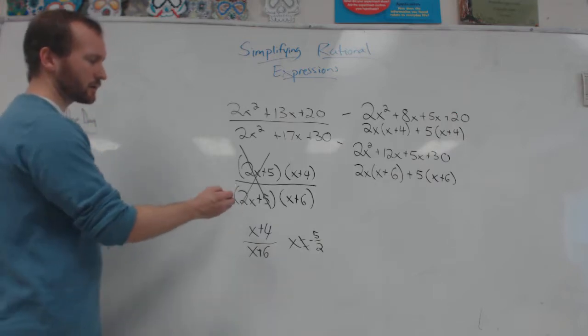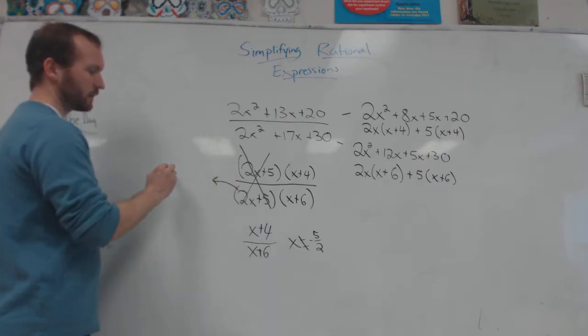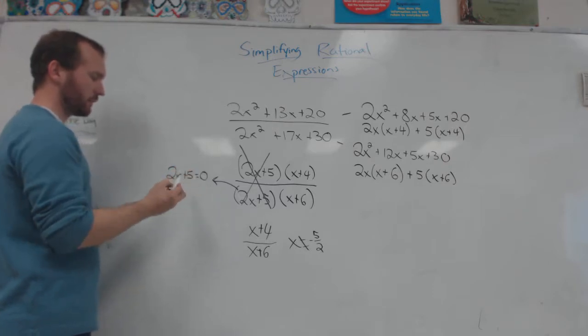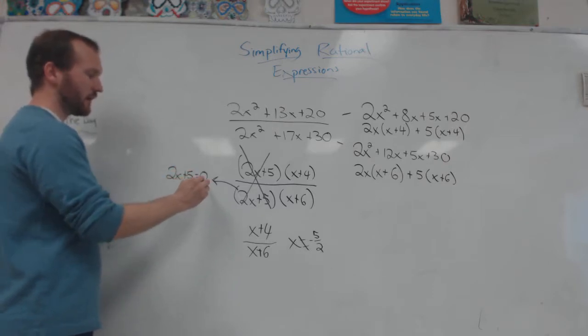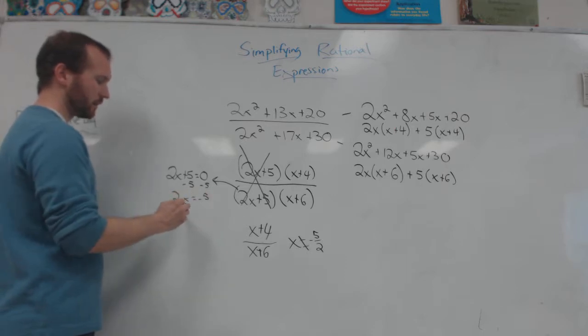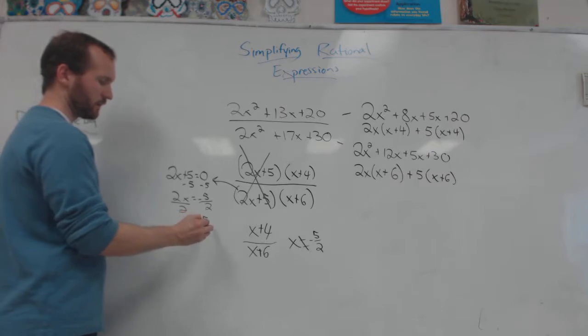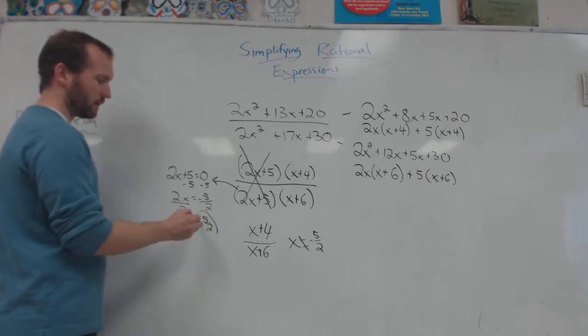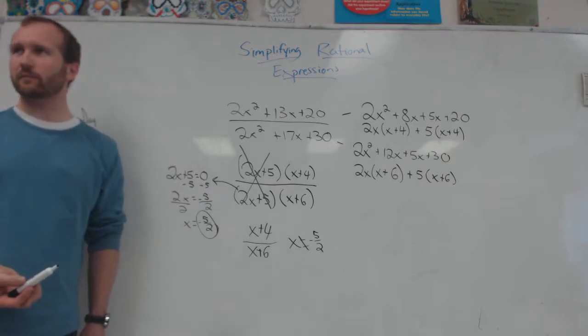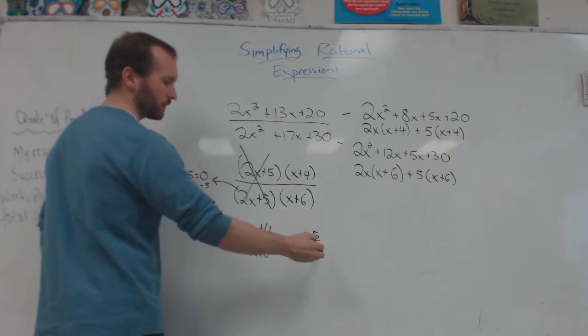Now, if you're not sure about doing these in your head, just write it out, right? 2x plus 5 equals 0. And then just solve it. Subtract 5 from both sides. 2x equals negative 5. Divide both sides by 2. So x equals negative 5 halves. And you can save yourself a lot of pain just by writing those out every time, rather than trying to do them in your head.